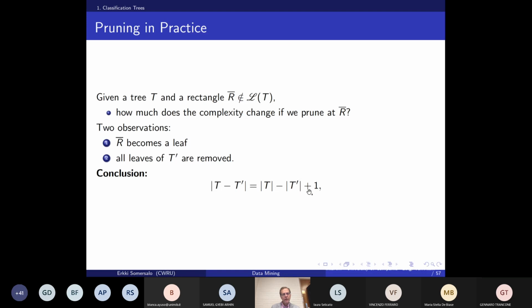That's how much you gain if you cut off a tree T prime. You see that if I cut off a tree with lots of leaves, then the gain is large. If I just cut from a branch where you have only 2 leaves, then the gain is just 1, but you always gain something, so it's important to know this.